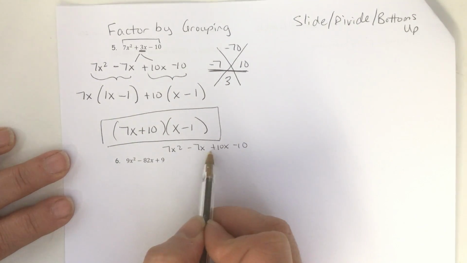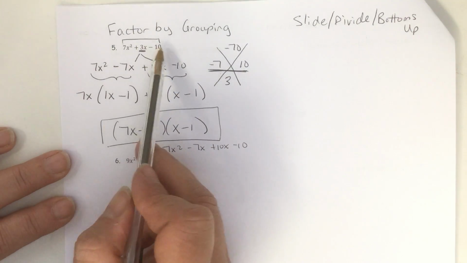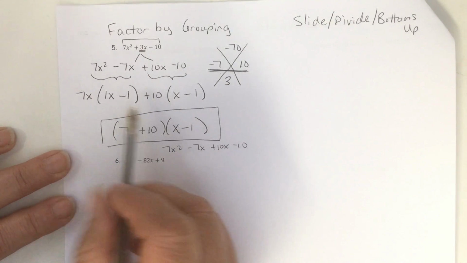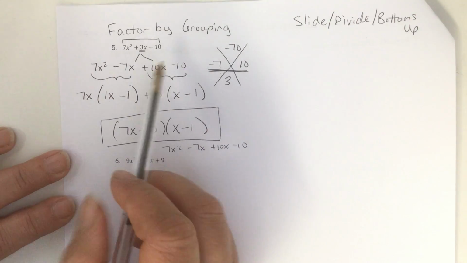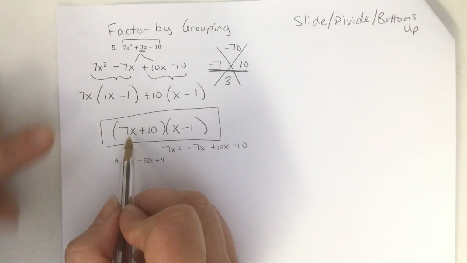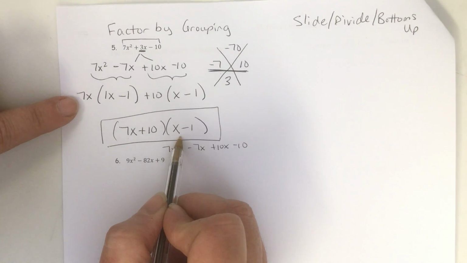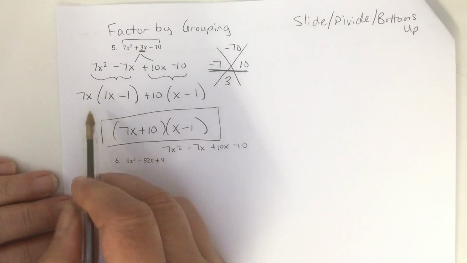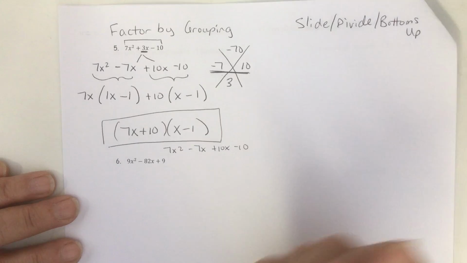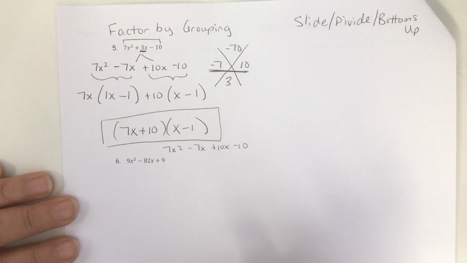And if you combine that together, you'd get 3x, which is what we started with, 7x squared plus 3x minus 10. So this should look familiar because when we first learned how to multiply this together, that's how I made you write it out. I had made you write 7x times x minus 1 plus 10 times x minus 1. So hopefully you see that you're just doing the reverse of what we did a few days ago.